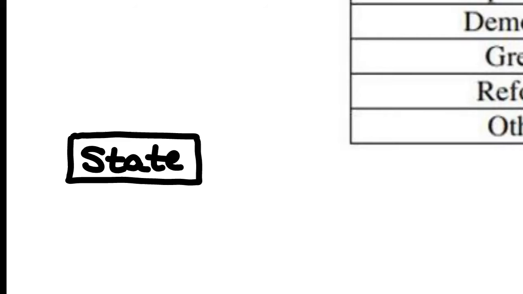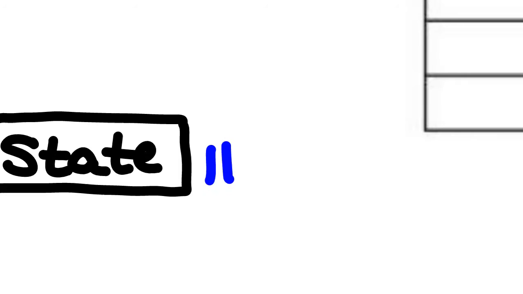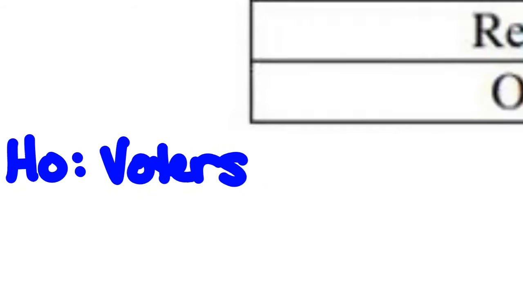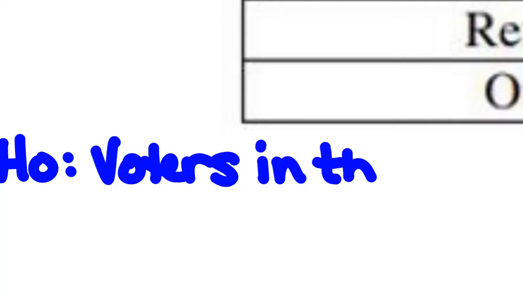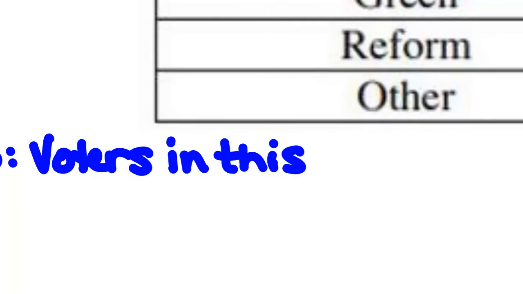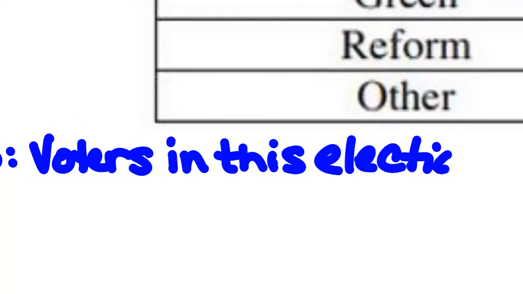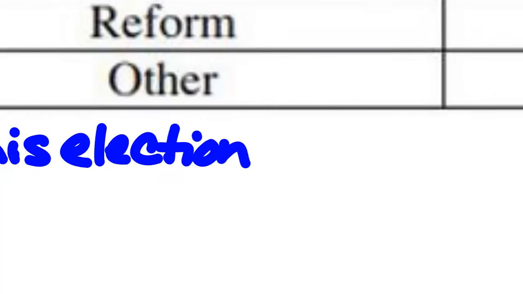I've gone ahead and labeled this as my claimed distribution. So when I write my null hypothesis, I can refer to that as just the claimed distribution because I very clearly indicated what I mean by that. So my null hypothesis here: voters in this election voted according to the claimed distribution.